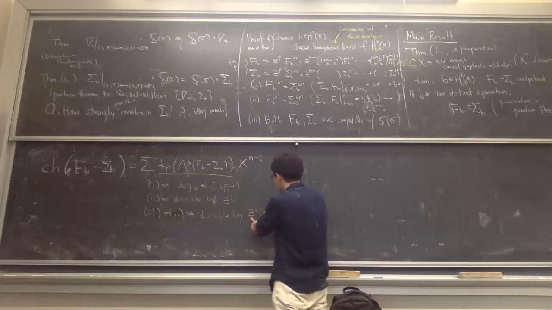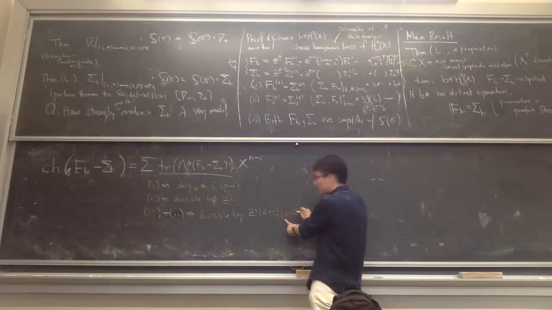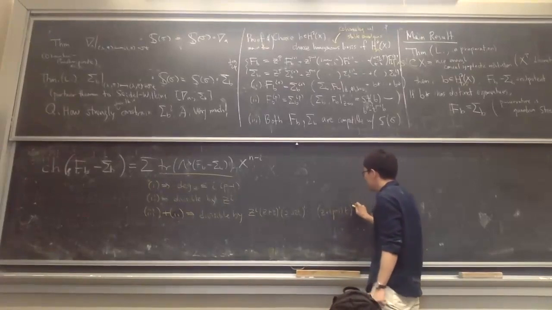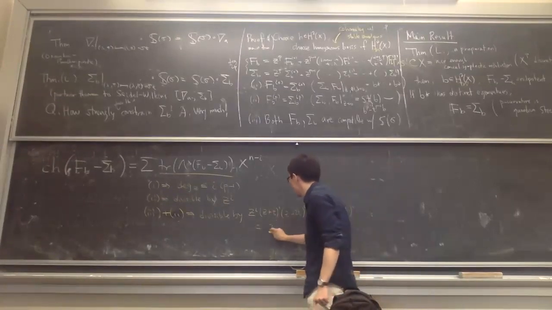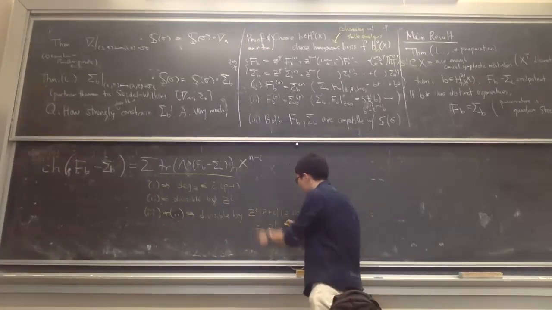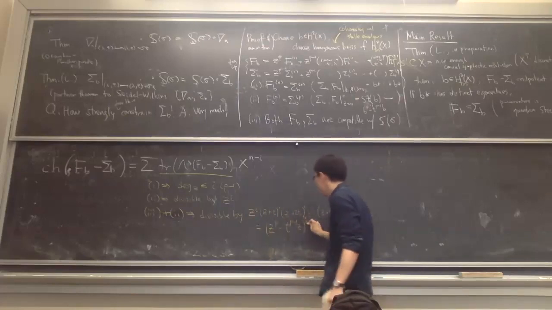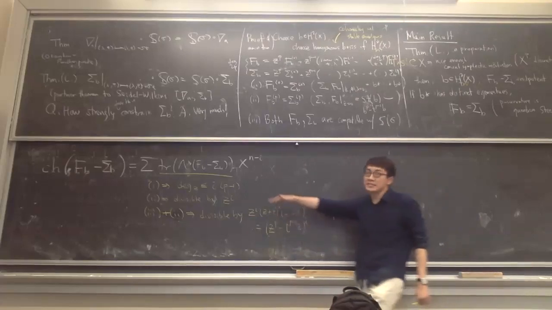So it's also divisible by Z plus T, by Z plus 2T, and so on, like this. And this is something of degree bigger than the one that I had up there. So that's a contradiction unless this thing is 0.